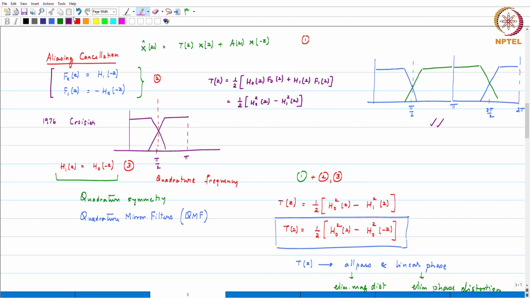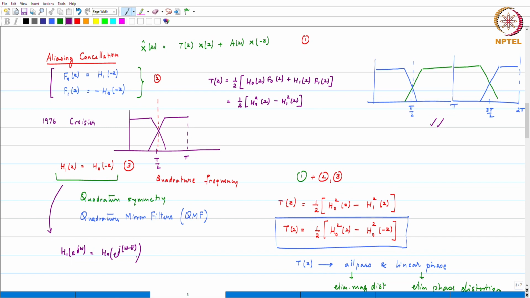If you want to write it in terms of the Fourier transform, this can be expressed in the following manner: H1(e^jω) is equal to H0(e^j(ω−π)). That is the expression that we want to keep in mind. It's a shifted version.